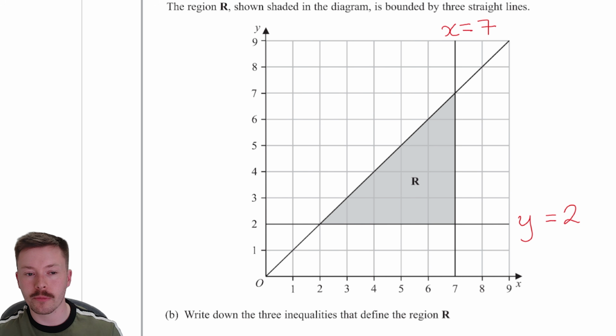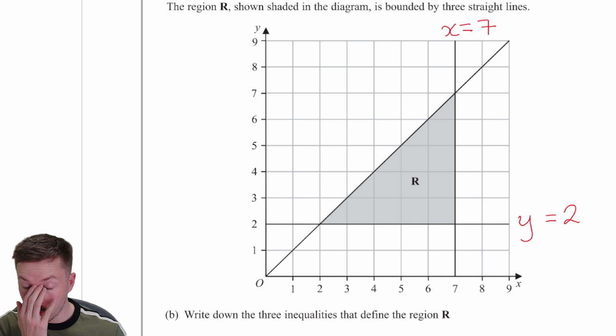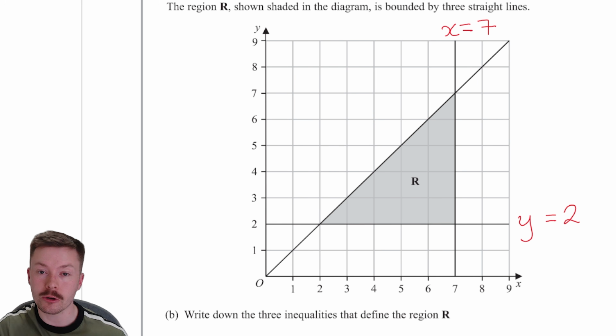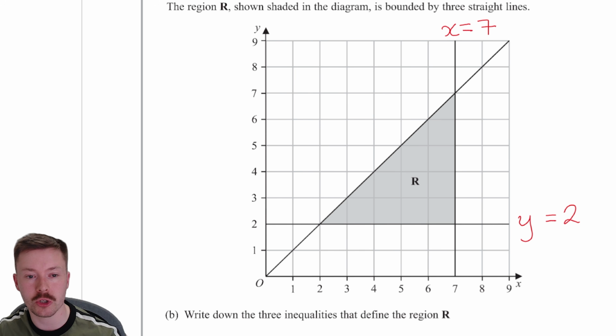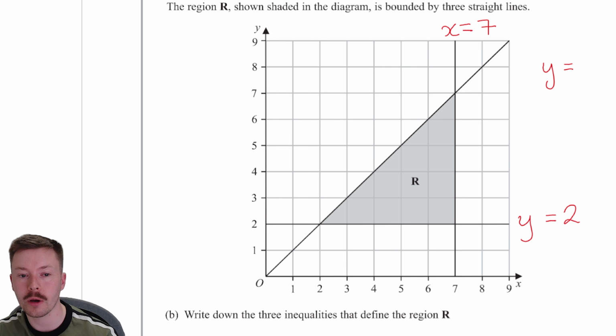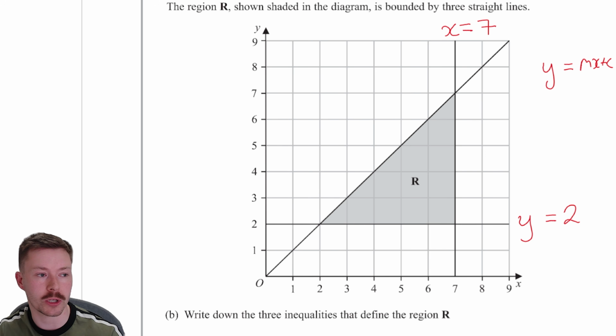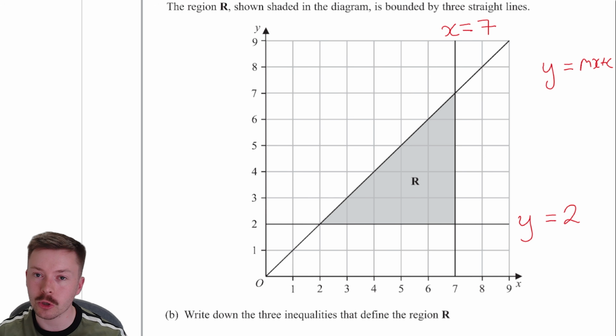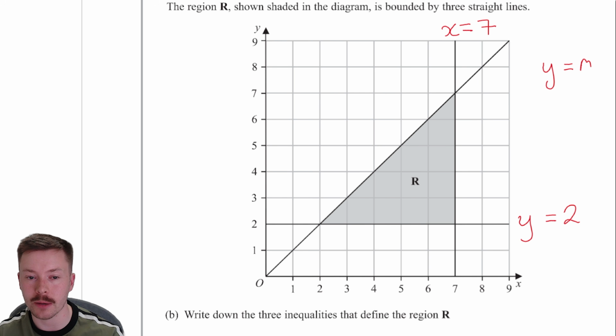Okay, now from there we need to work out the equation of this diagonal line. Now we want to do that by working out the gradient and using the y-intercept. We know the equation of every straight line has the format y equals mx plus c. Okay, I've squashed that in a bit there, but something we should all know. Y equals mx plus c, where m is the gradient, c is the y-intercept.